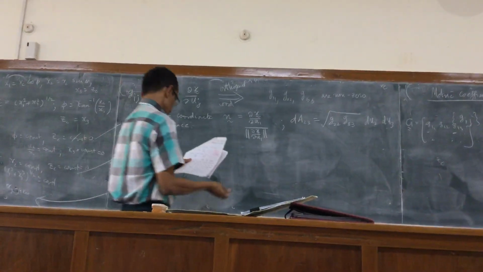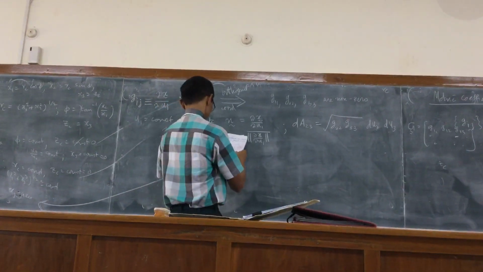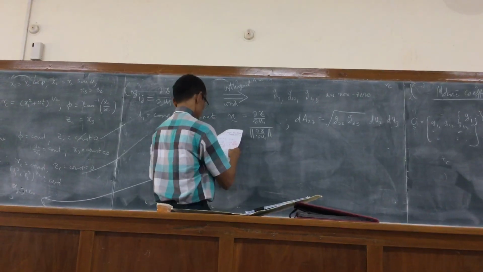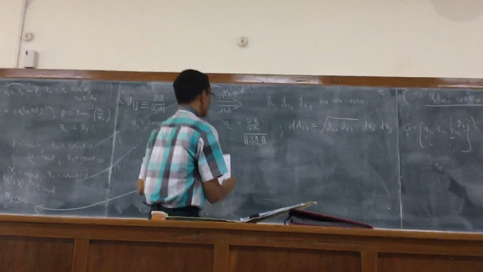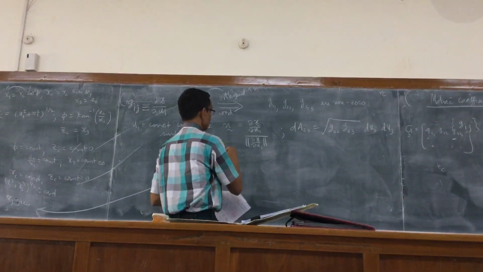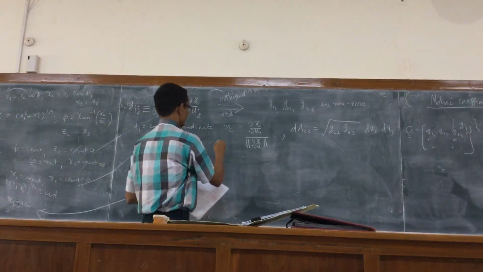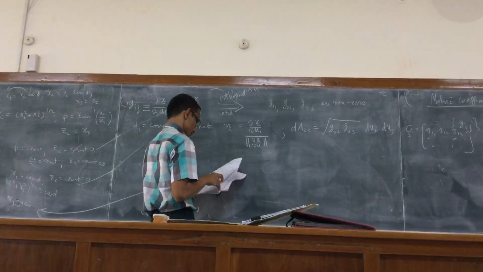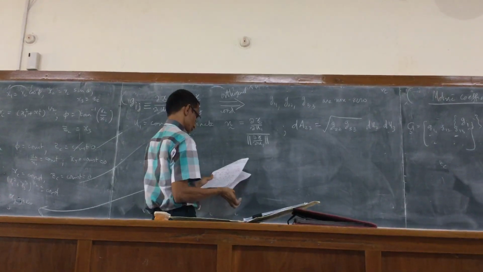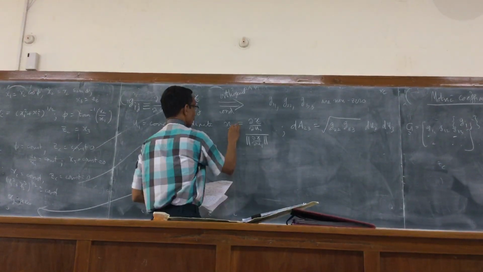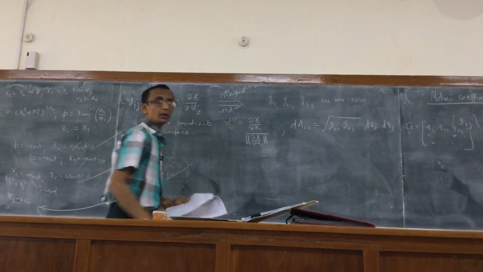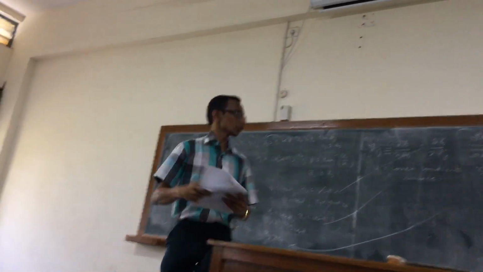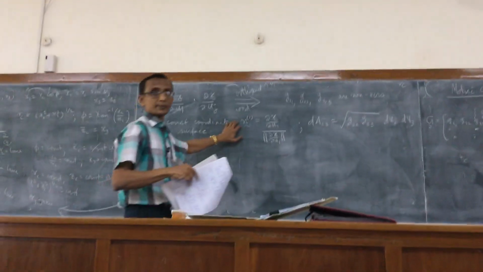I call this N1, the normal to the u1 equal to constant coordinate surface.